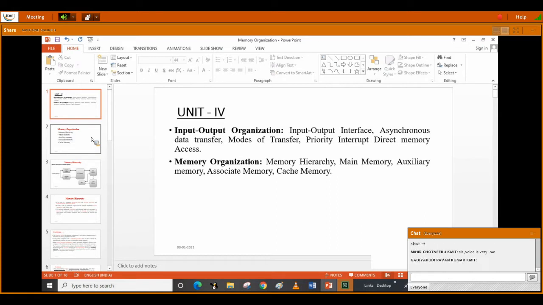Once the destination unit receives the data, it provides acknowledgement in the form of the data accepted line.